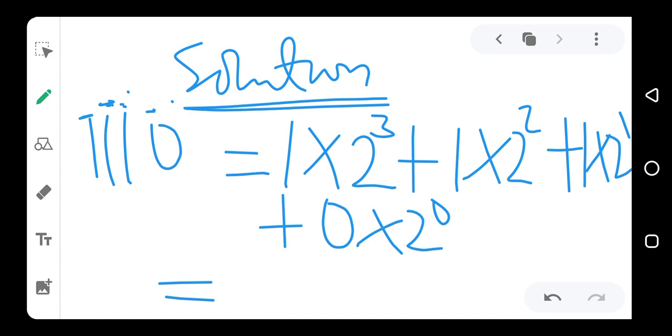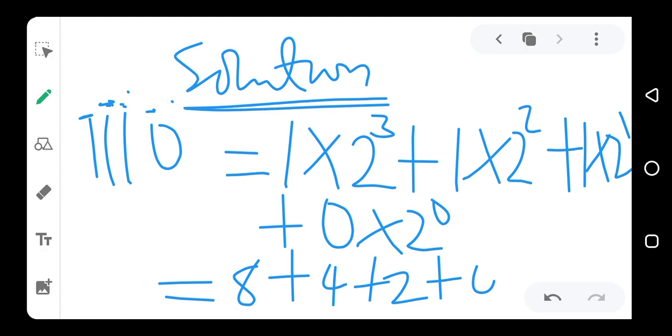So 2 raised to power 3 is 8, 8 times 1 is 8, plus 2 raised to power 2 is 4, 4 times 1 is 4, plus 2 raised to power 1 is 2, and 2 times 1 is 2, plus anything raised to power 0 is 1, and 1 times 0 is 0.